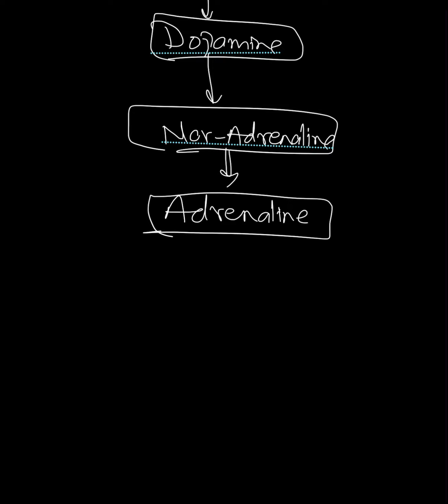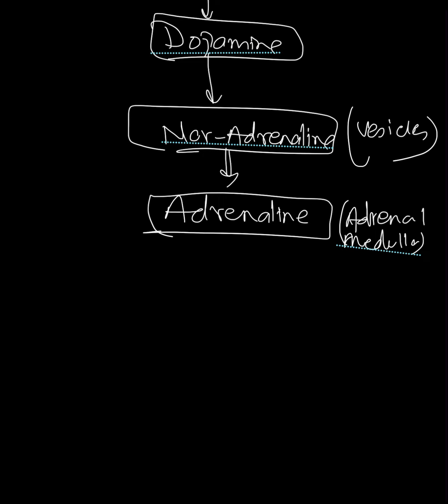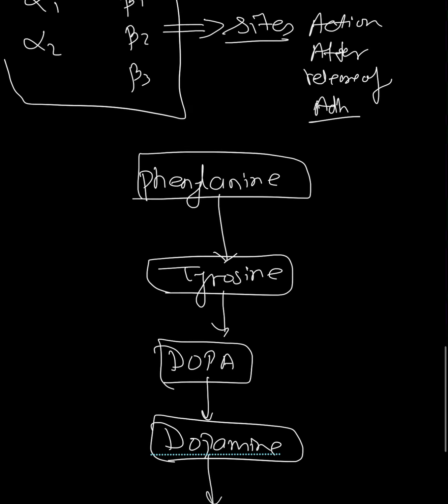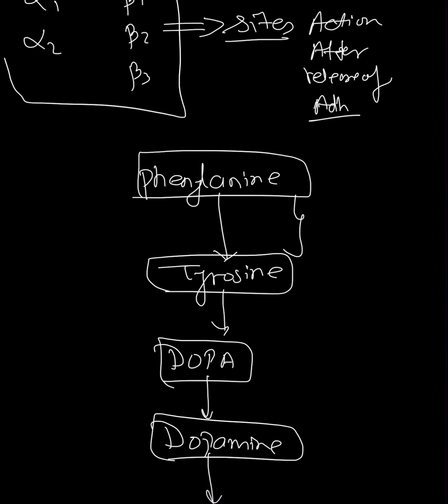So adrenaline is formed mostly in the adrenal medulla, noradrenaline into the vesicles, and phenylalanine into tyrosine in the liver and this cytoplasm.